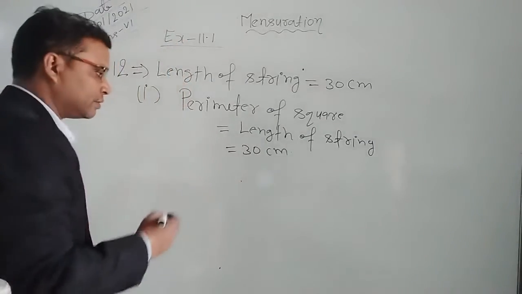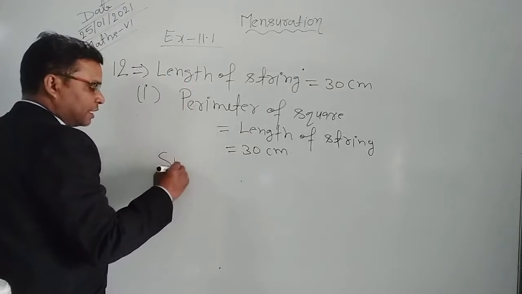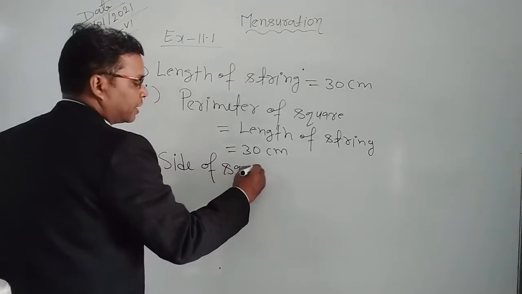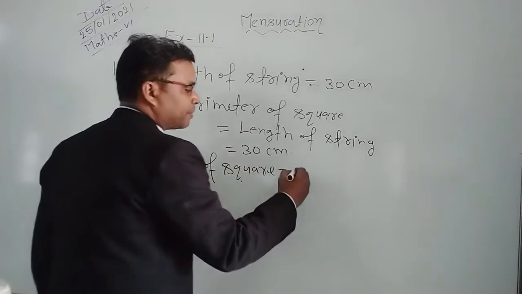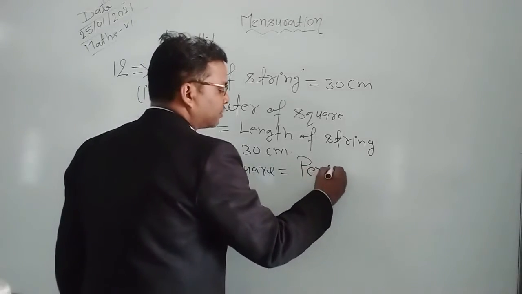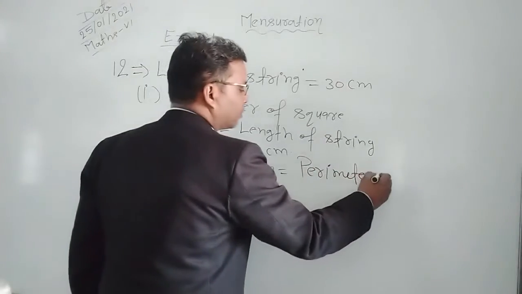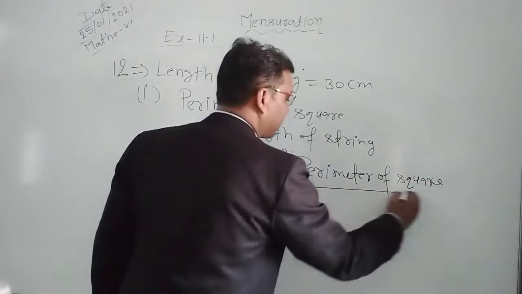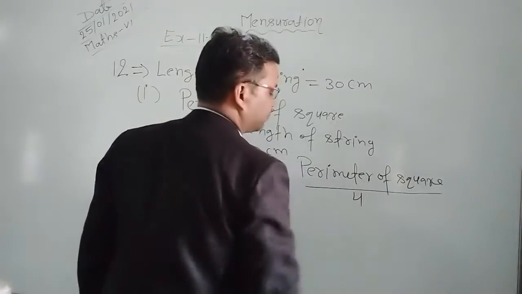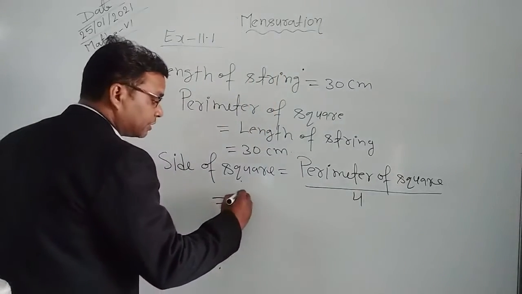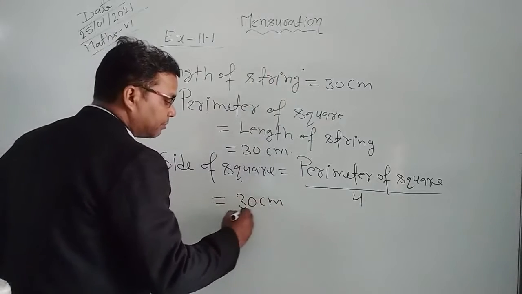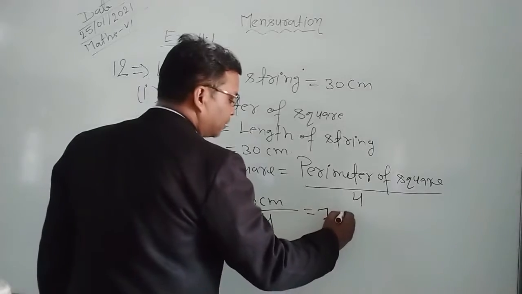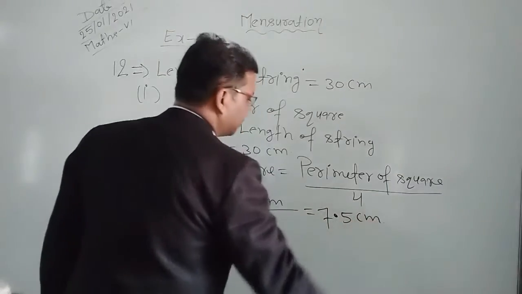Side of square is equal to what? Side of square is equal to perimeter of square by 4. So perimeter of square is given here 30 centimeters by 4. This is equal to 7.5 centimeters.